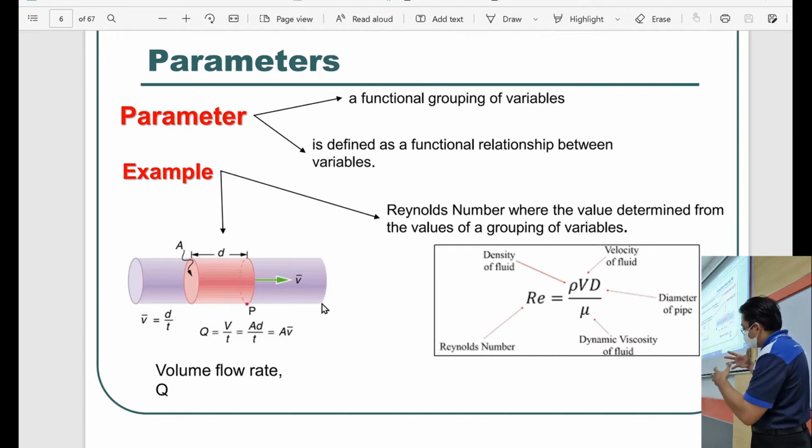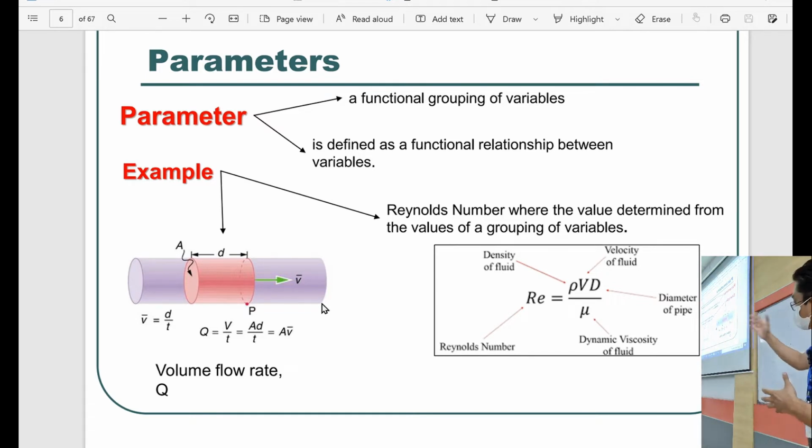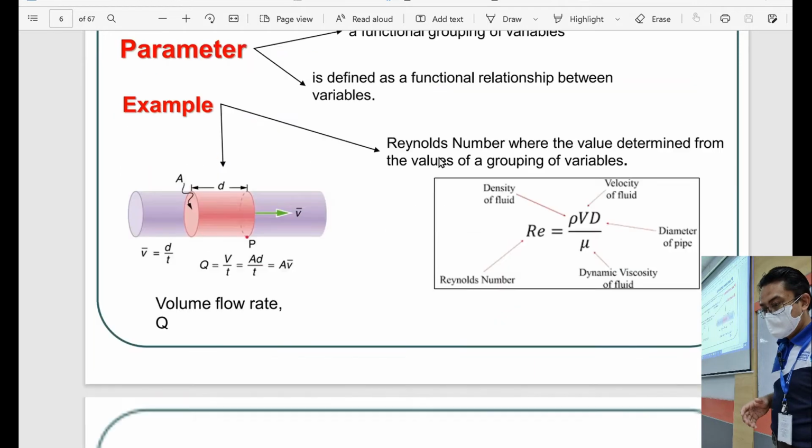If we derive from these values, we get the parameters. For example, I included in the notes the Reynolds number and the volume flow rate. There is another example you can refer to later on.